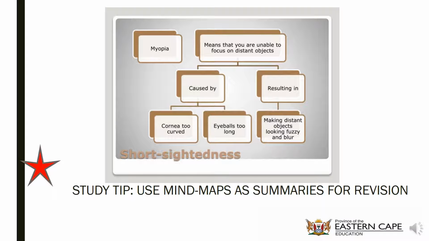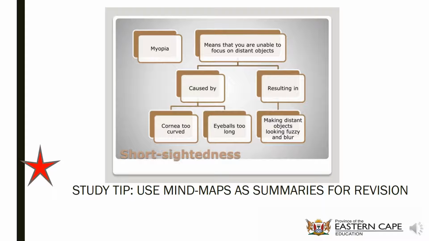So in this particular case, you're going to see that there is a mind map of short-sightedness, the next one will be on long-sightedness, and then lastly on how we correct the eye defects. And when you do your mind map, as we've done here, it should be very easy for you to navigate, and it should make sense.